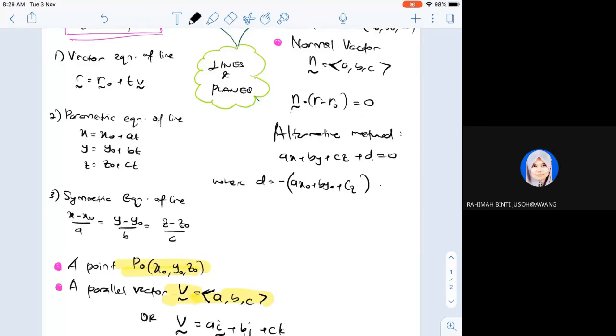Okay, so this is the alternative method. So I will suggest my students to use this formula in order to form equations of plane.